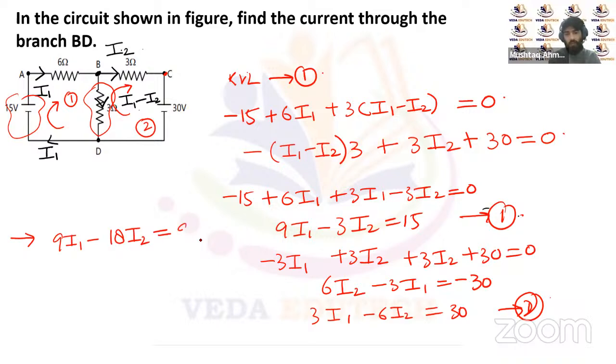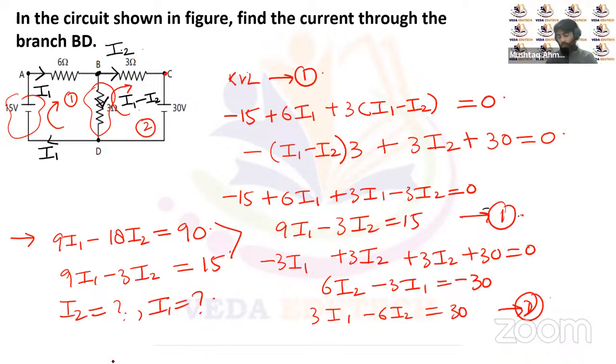And we have this equation 9I1 minus 3I2, that's equal to 15. Now you just subtract these two linear equations. You will get I2, and then you can get the value of I1 as well.